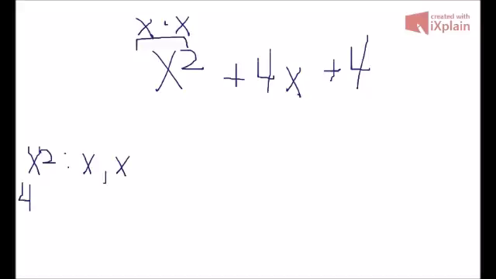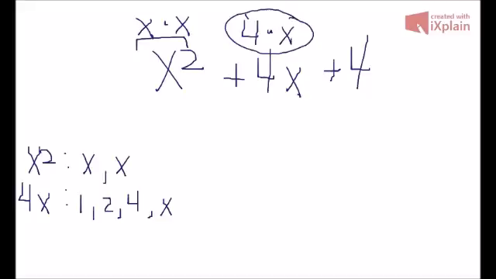What about a 4x? Well, you get 1, 2, and 4, and you also get an x, because this is 4 times x. And for a 4, you get 1, 2, 4.